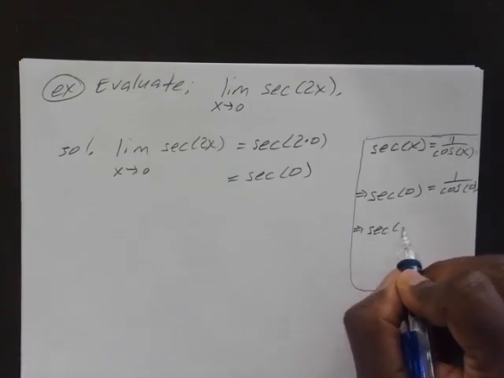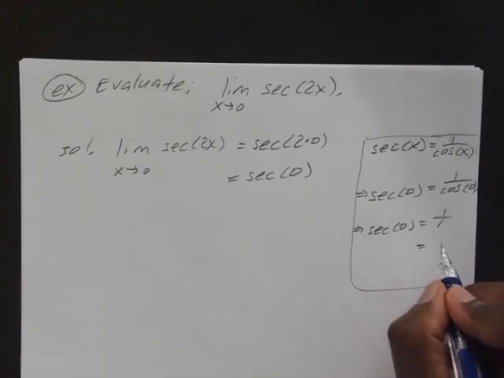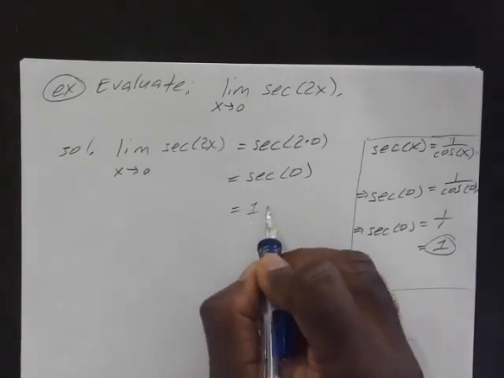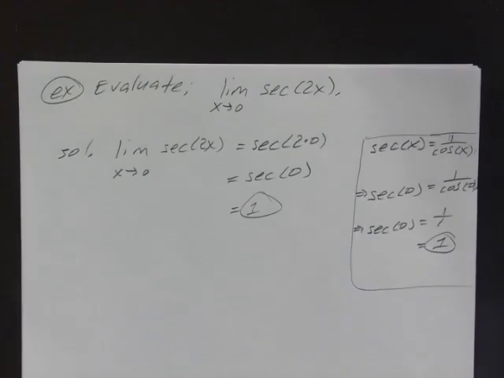So we know that secant of 0 is just 1 over 1, or just 1. All right. Any questions on that one? Okay.